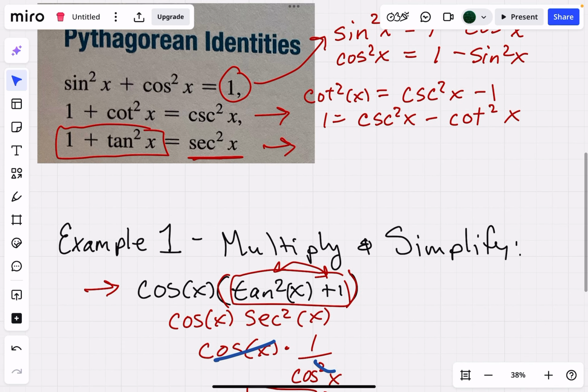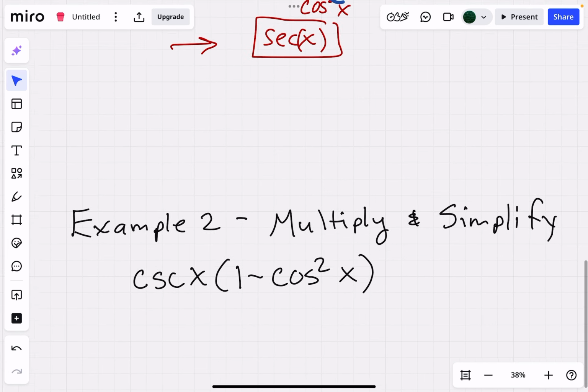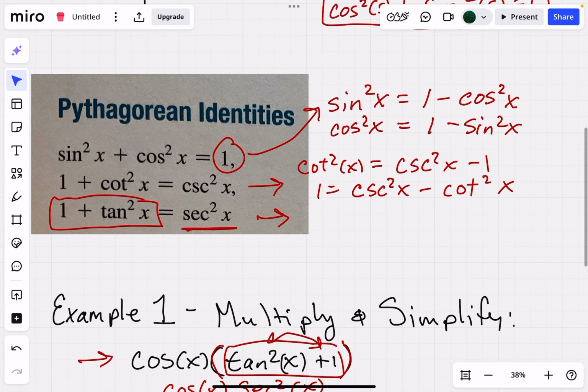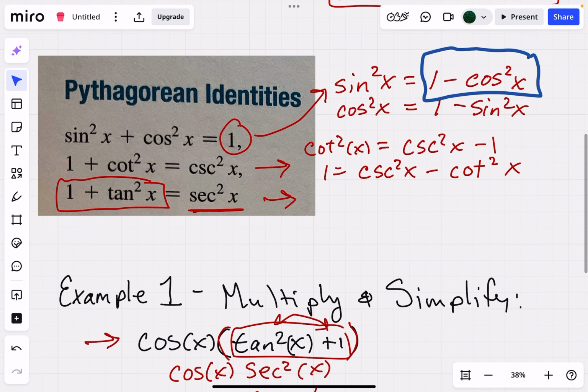We could take a look and see, is there something a little better that I can substitute? So let's come over here and, oh, here we go. Over here, when we rewrote the very first Pythagorean identity, we came up with the sine squared of x is the same thing as 1 minus cosine squared of x, which, lucky us, is right here.